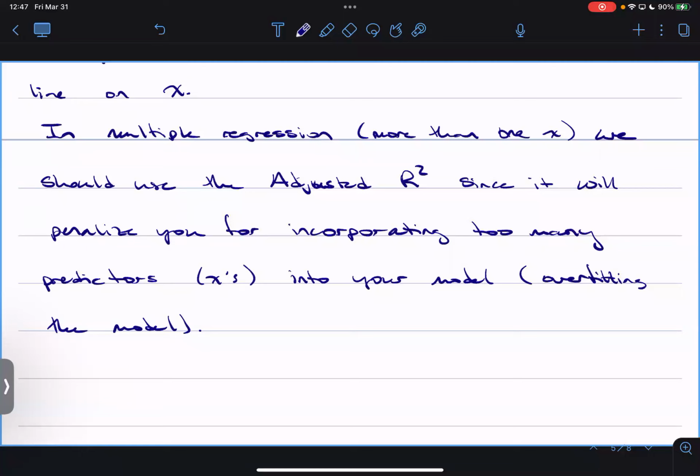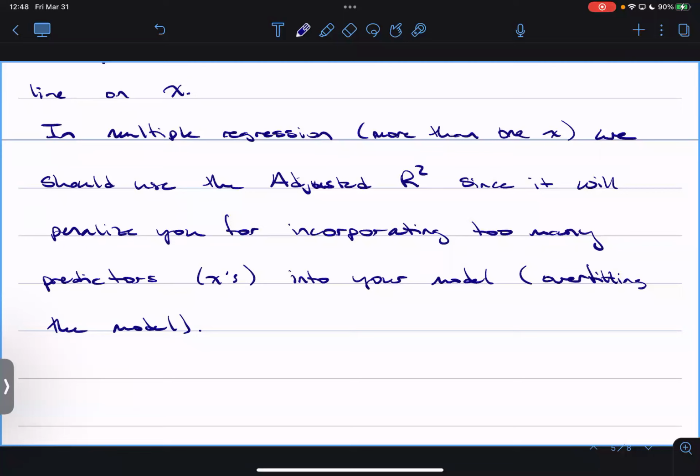If we overfit the model, then it means we have a lot of variance. So overfitting the model is when you make your model match your sample too closely, right? Because the idea is you want to be able to take a new sample and apply this model, and it should apply just as well.